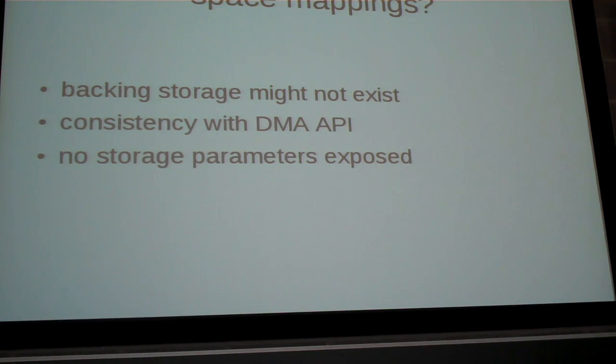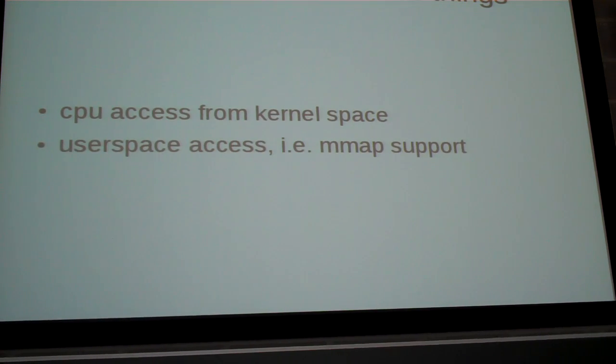But that's kind of the second part of my talk about missing pieces: CPU access, obviously. We should get access to the backing storage from the CPU side for whatever things. At the importer side, it exports a user space API, and user space shouldn't need to know that this is a special buffer object.